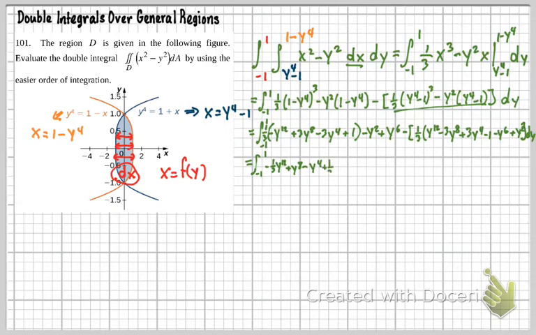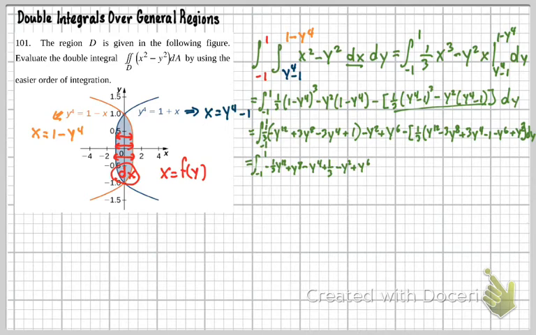Oops, I'm trying to fit this all in. And then I'm going to get a minus y squared plus y to the 6th. And then for the rest of this, now I'm going to distribute this 1/3 through before I do the negative.